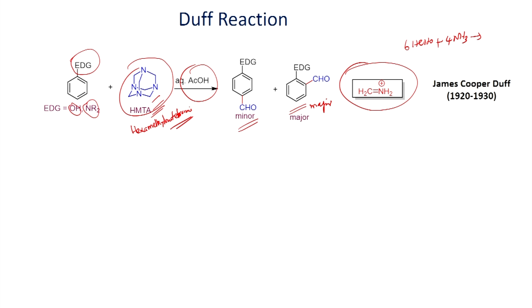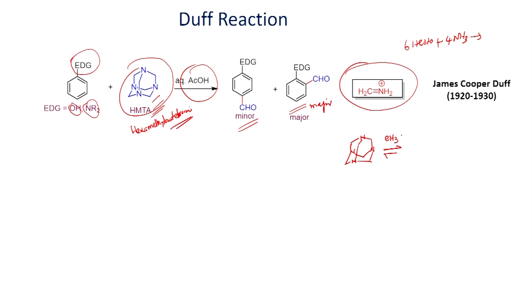Now, let me show the mechanism of this transformation, which is known as the Duff reaction. First, hexamethylene tetramine undergoes reaction with acid.